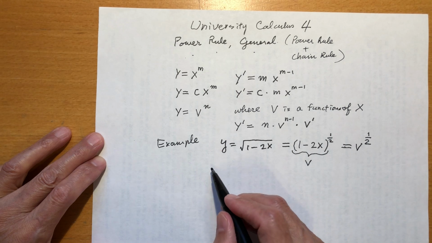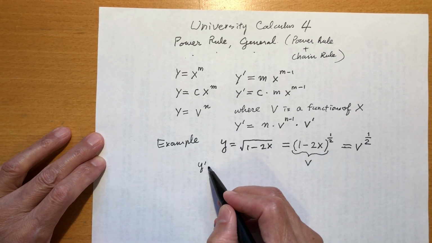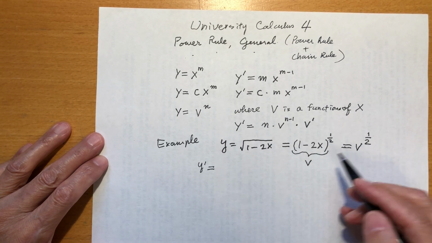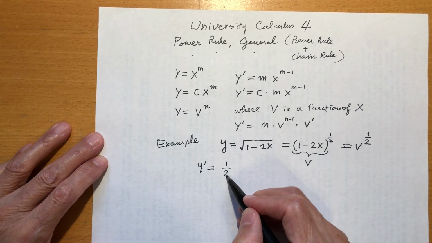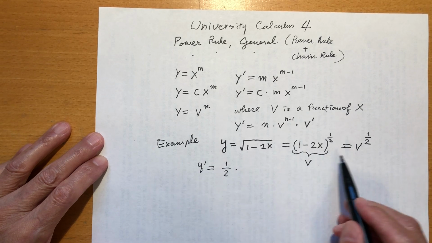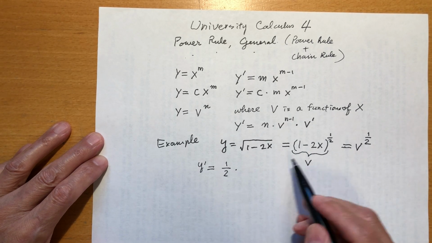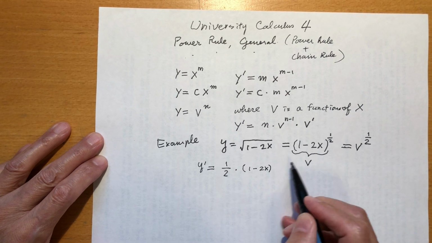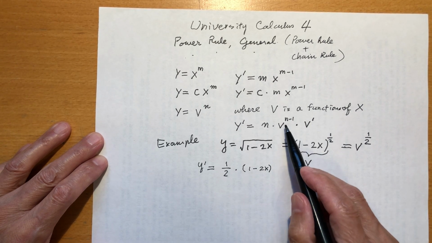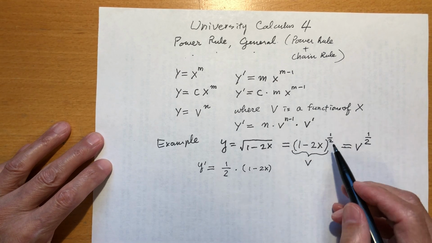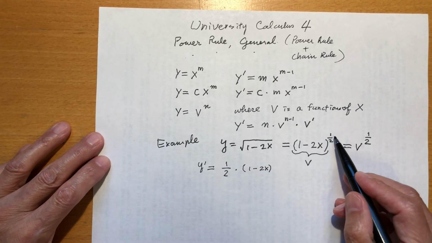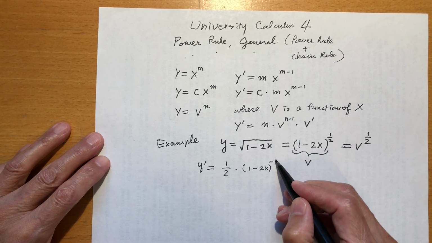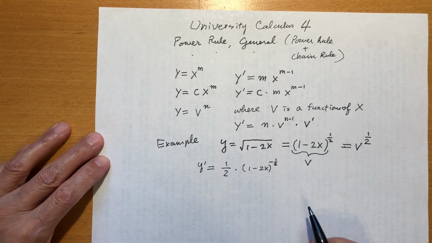What is the derivative? The derivative is n, which is 1/2, times v. V is this. This is my v, to the n minus 1. What is my n? N is 1/2. So 1/2 minus 1 is negative 1/2. But that's not the end.